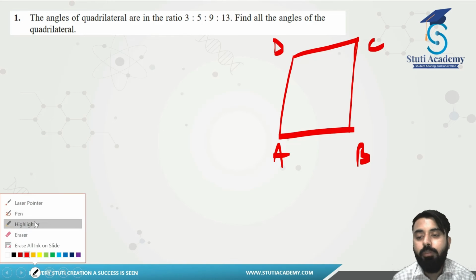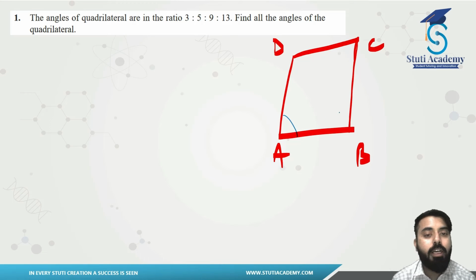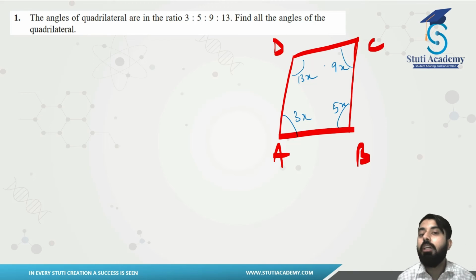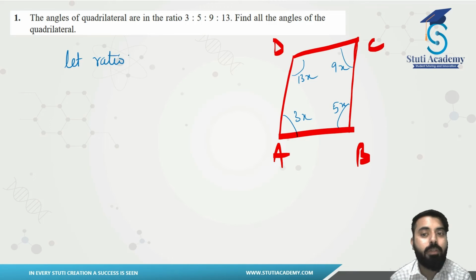Now you have been given that its angles are in ratio. Let's say these are the 4 angles. The ratio is 3x, 5x, 9x, and 13x. Now don't ask me why I've written the x, because you already know. We are going to assume the ratio equals x.